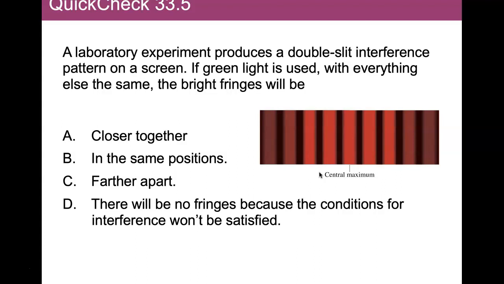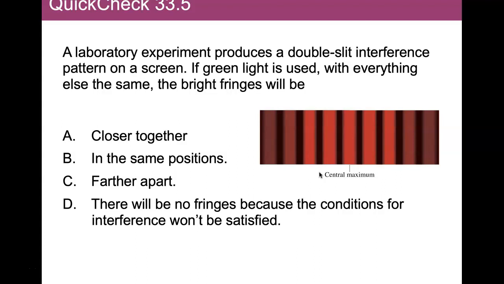All right, so this is the interference pattern from a double slit experiment. The only thing we do is we change the light from red to green. So what happens to the bright fringes? Going from red to green, red has the lowest frequency and the largest wavelength.